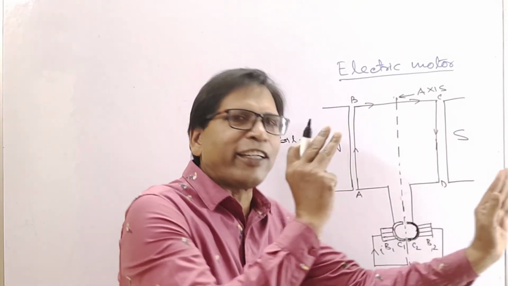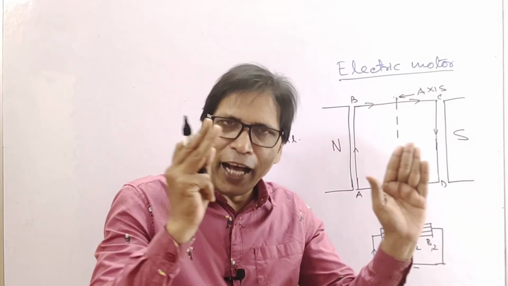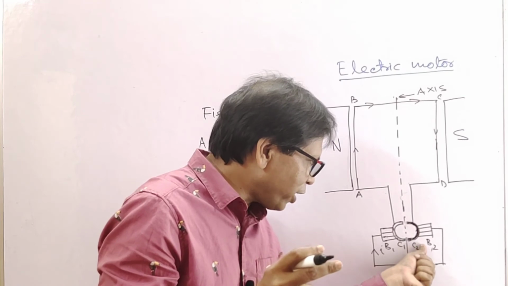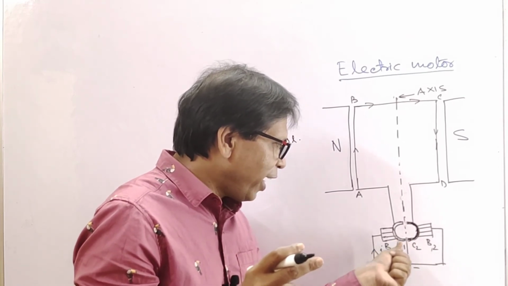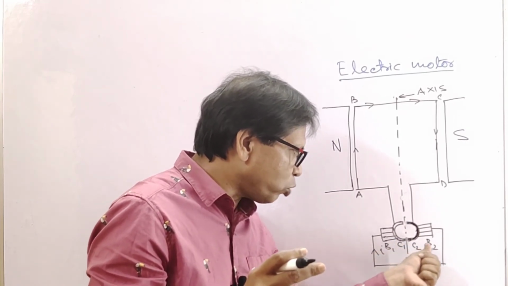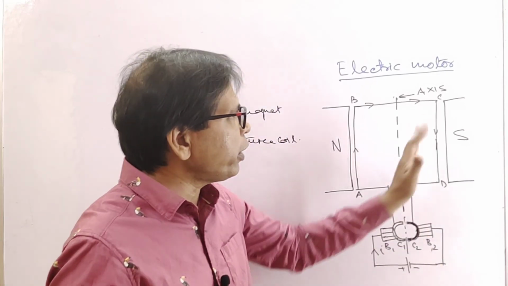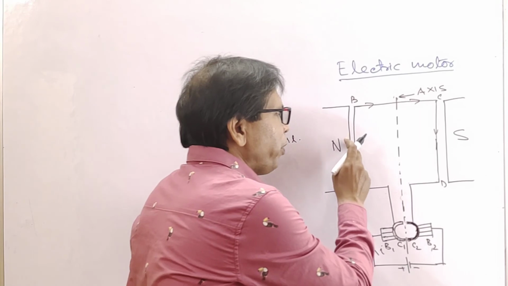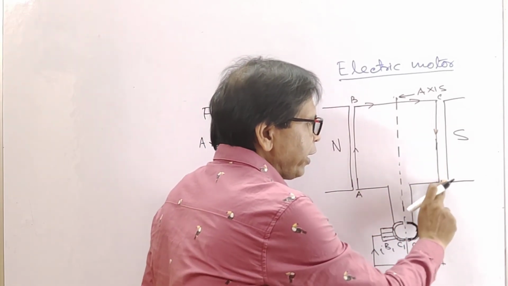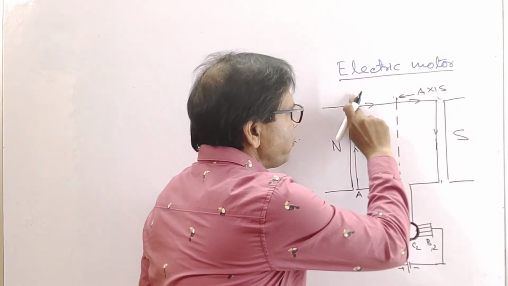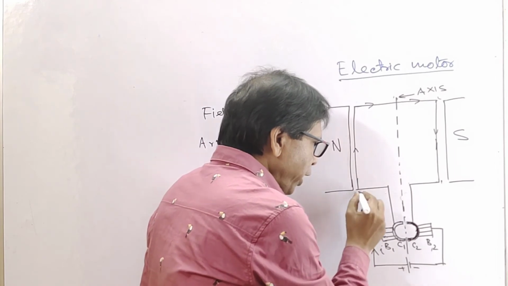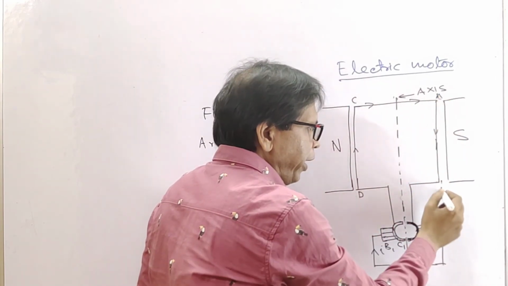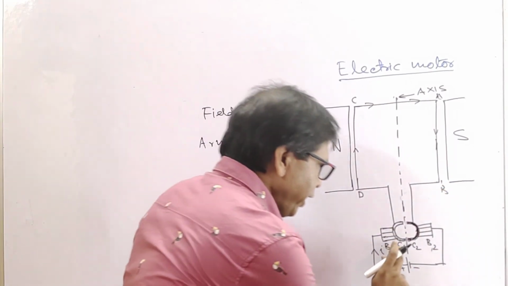So it starts turning. After half rotation, C2 is in contact with B1 and C1 is in contact with B2. So the positions of CD and AB interchange.